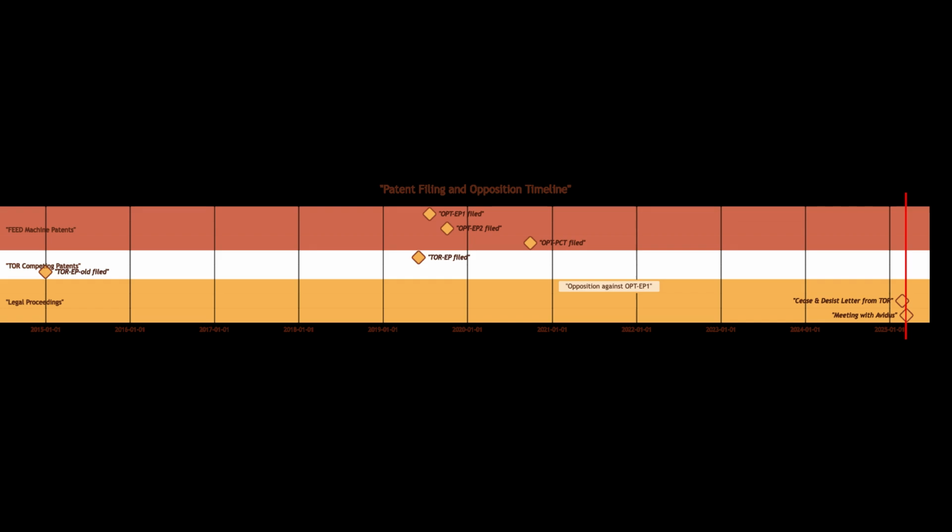1. The feed machine with a single feeding duct. A European patent application, TOR-EP, was filed by your former collaborator TOR on the 3rd of June 2019. The problem? This application is based on your confidential designs and technical report.